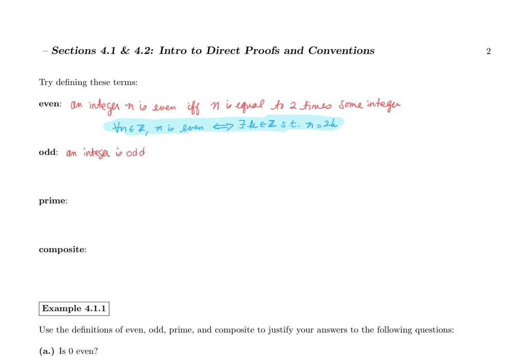So we're going to say an integer is odd if and only if, oops, I forgot the n. So an integer n is odd if and only if n equals twice some integer, or 2 times some integer, plus 1.